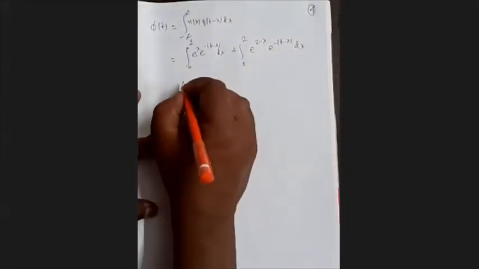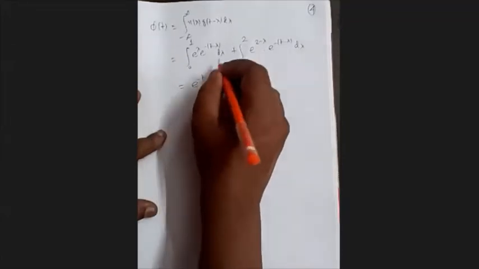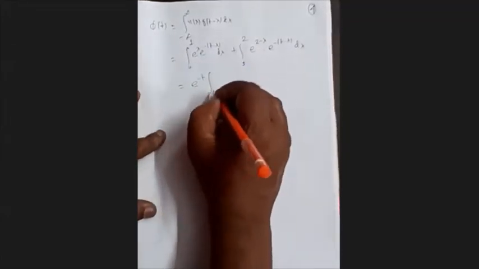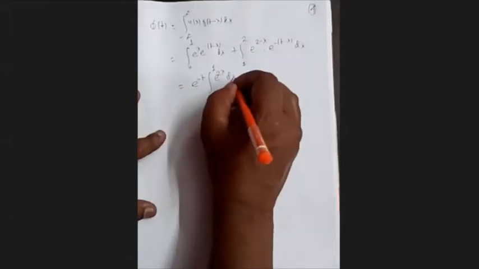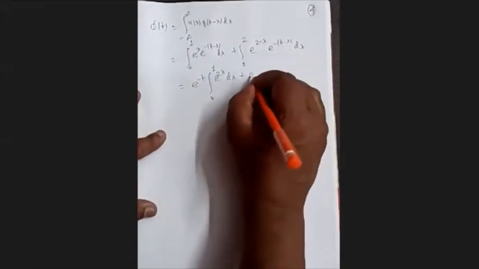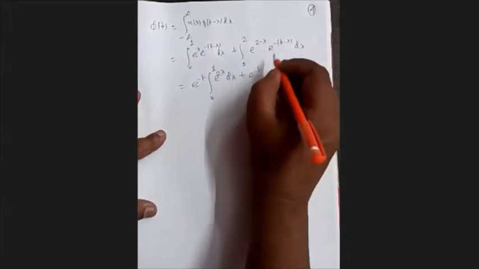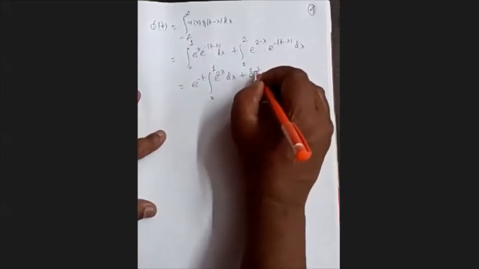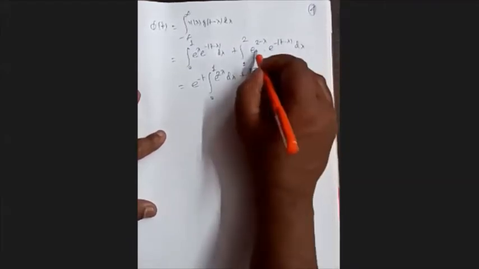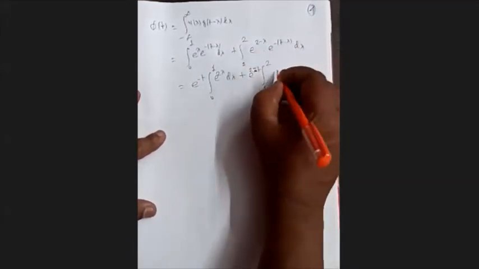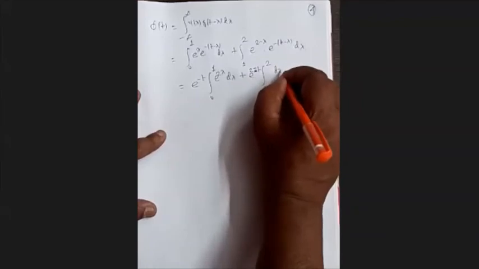Okay. So again we take e to the power minus t outside, 0 to 1, e to the power lambda, e to the power 2 lambda d lambda, plus again e to the power minus t, e to the power 2 minus t again. Then 1 to t, e to the power minus lambda, e to the power plus lambda. So it is d lambda.